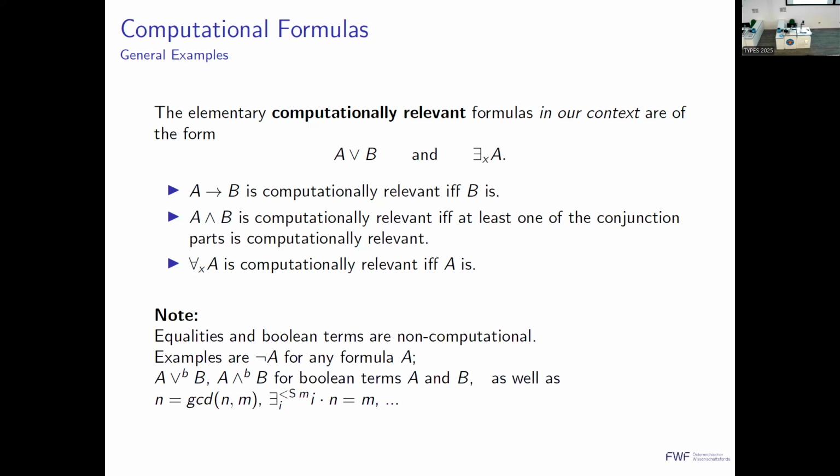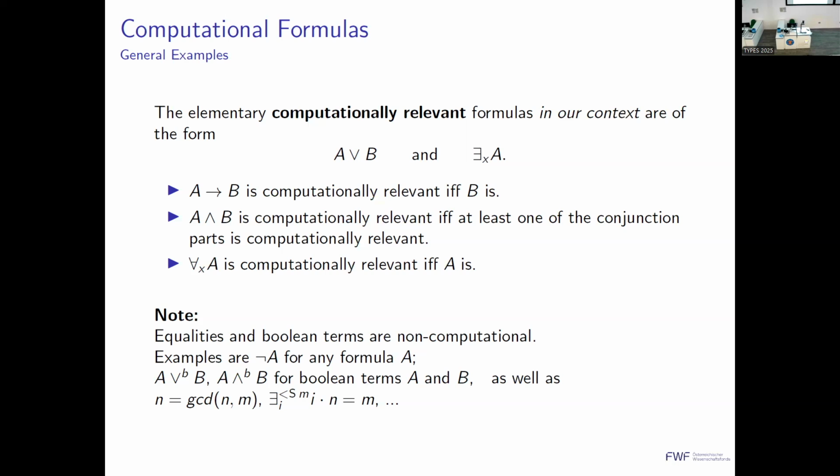Also very important is that a bounded existence quantifier can be interpreted as a Boolean term and is therefore not computationally relevant, in contrast to an unbounded existence quantifier. You can imagine this here.